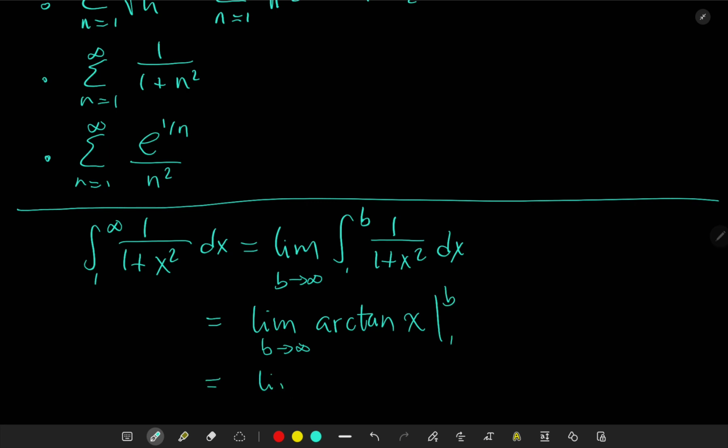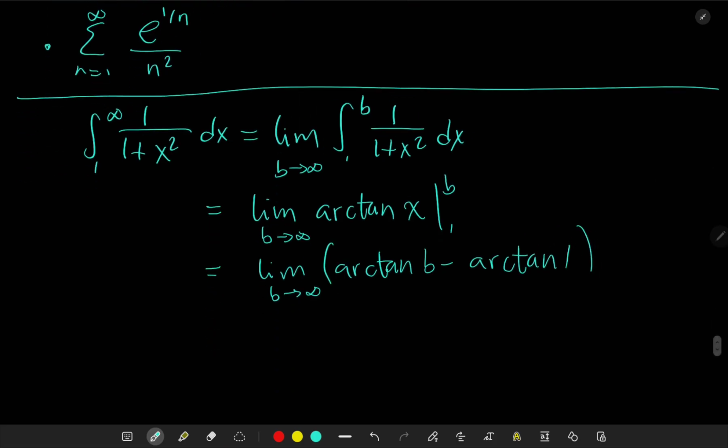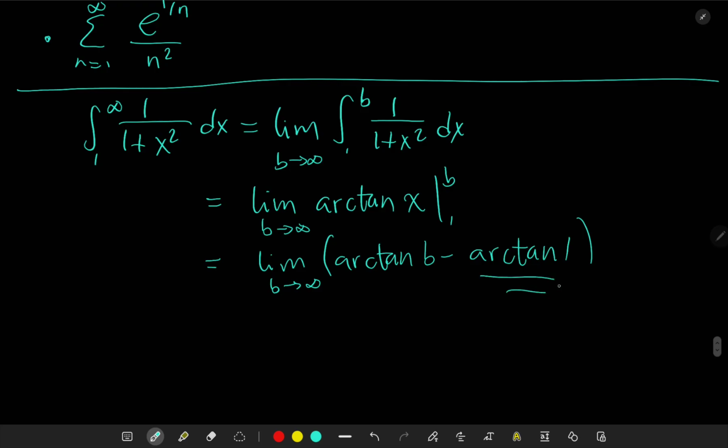So you get the limit as b goes to infinity of the arctangent of b minus the arctangent of 1. Now, if you look at your unit circle, the angle that gives you a tangent of 1 is pi over 4.